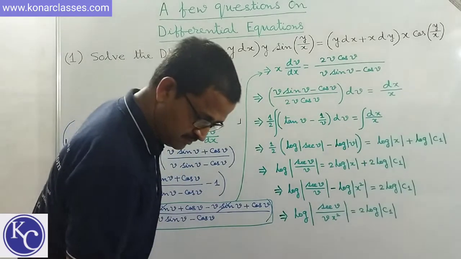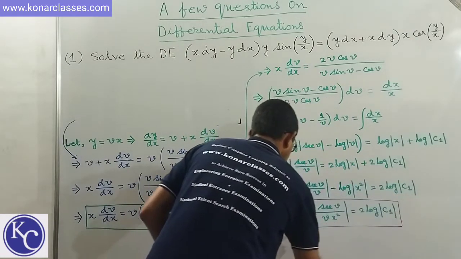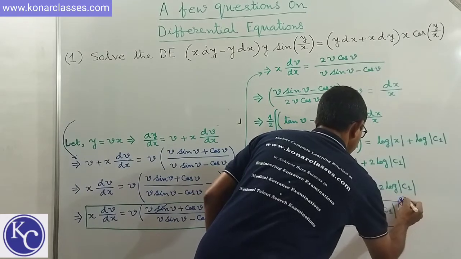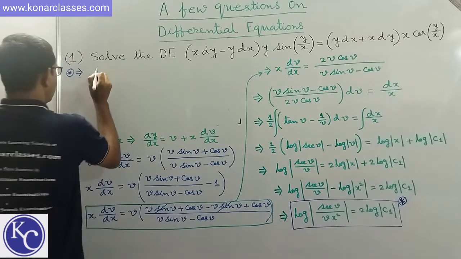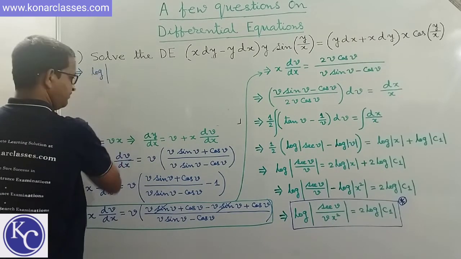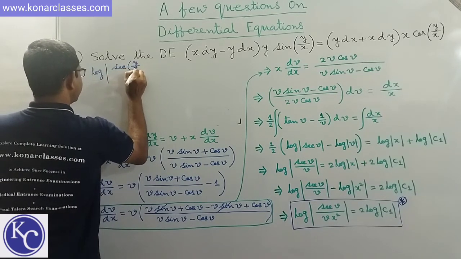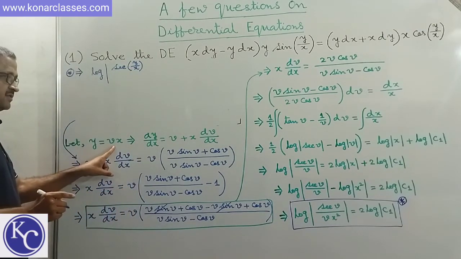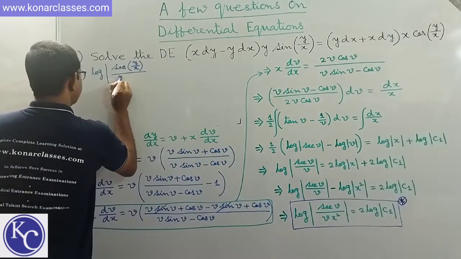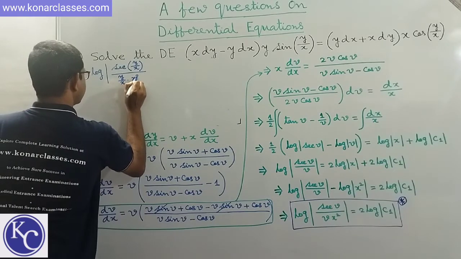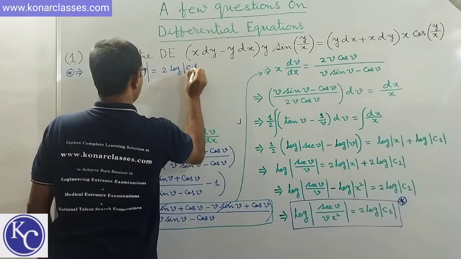Log of mod sec v means sec of y by x, because y equals vx, that means v is y by x, divided by v x square, that means y by x into x square, is equal to 2 log mod c1.